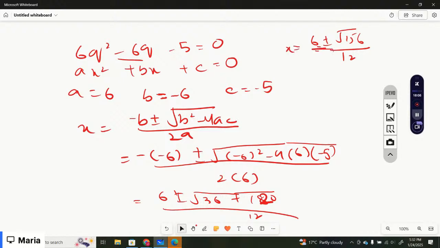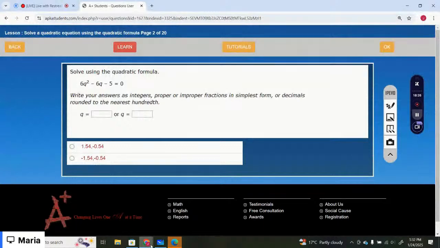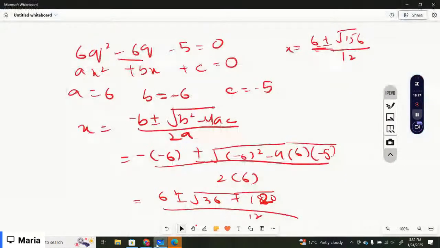Okay, now square root of 156 is 12.4 it is. Let me just see if the answer is yes, 12.4 over 12. Okay, now you have two options.